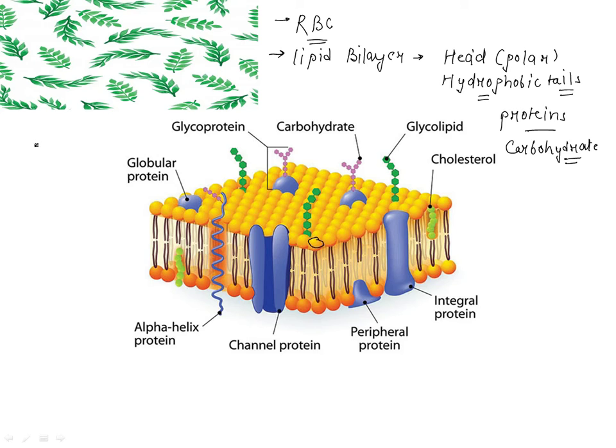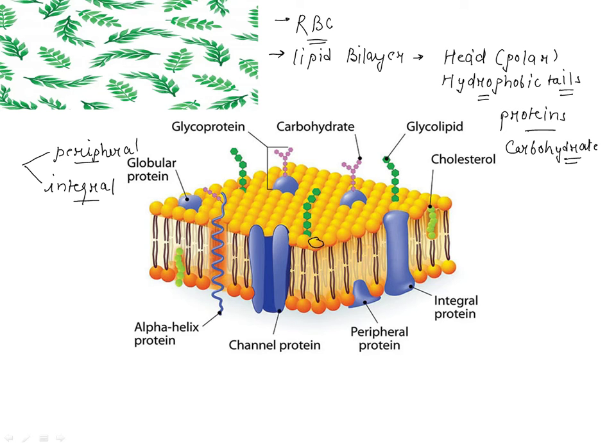Based on the ease of extraction, two types of proteins are categorized. One is the peripheral protein and the other is the integral protein. Peripheral protein is present on the surface, and integral protein is partially or fully buried in the lipid bilayer.